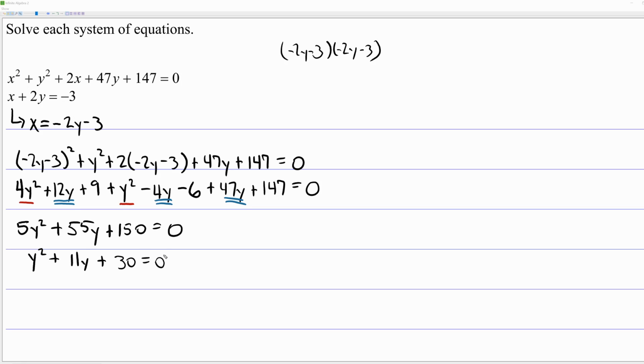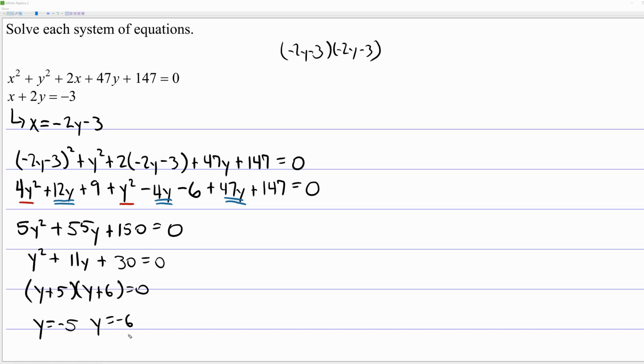All right, now we're down to just a quadratic equation, and we can solve this by factoring. So we have (y plus 5) times (y plus 6). So we have two possible y values, y equals negative 5 and y equals negative 6. Now, remember what we're doing in this problem.